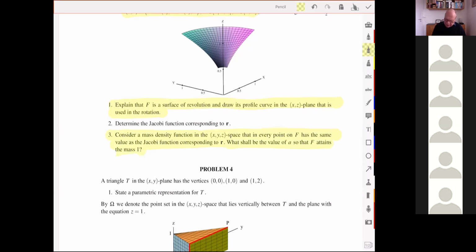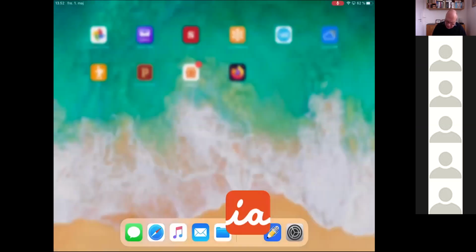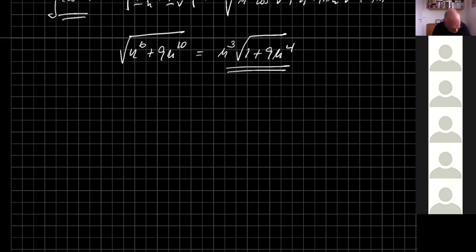And the function you're going to integrate then is the Jacobi function, but when you evaluate this surface integral, you should use the Jacobi function, so you get the Jacobi function squared. Let's look at that.